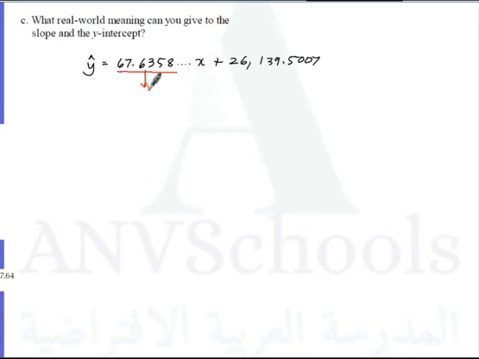This means that the slope is the cost of your house per feet. So the cost of the house per feet is equal to $67.64 per feet. Okay?